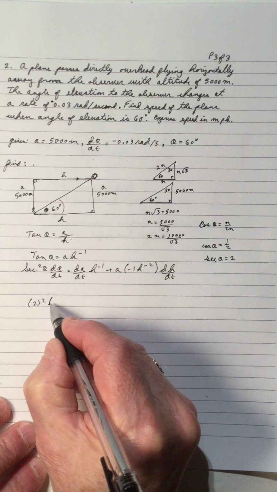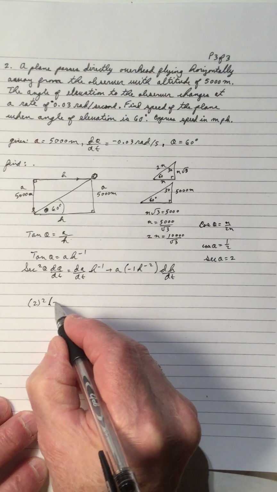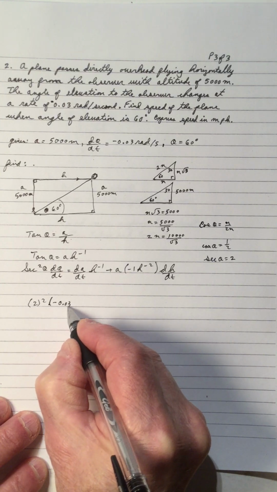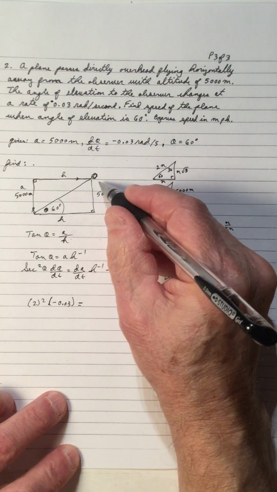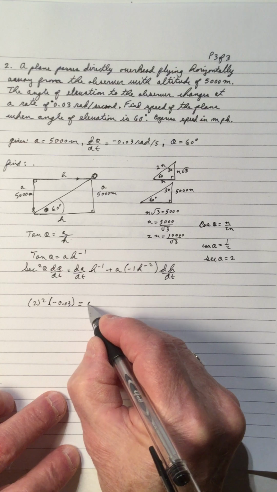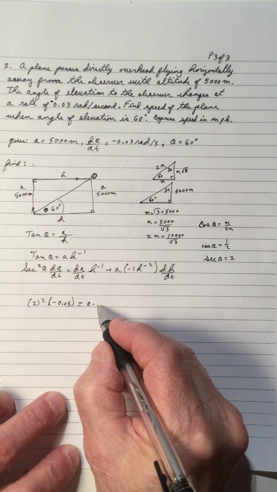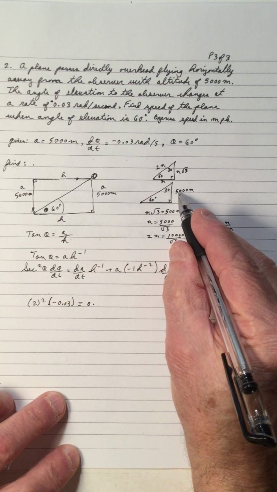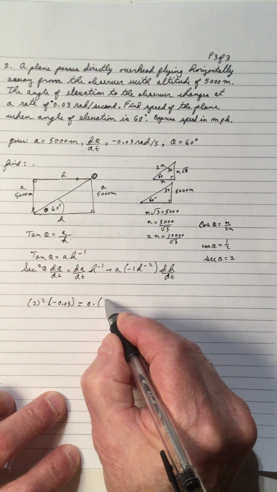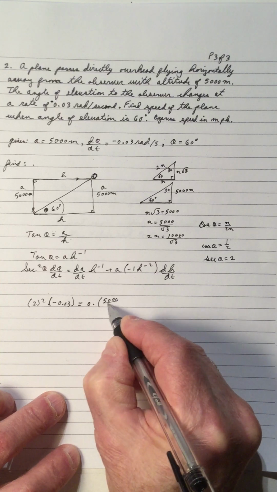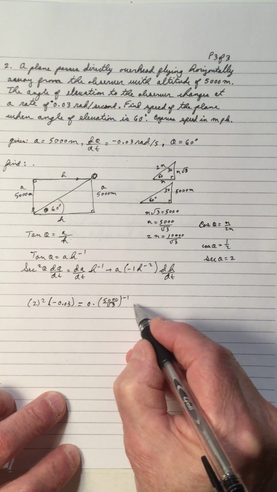And the angle is negative. D theta is negative 0.03. And the height is not changing, so that derivative is 0 times h, which is 5,000 divided by root 3 to the negative 1.